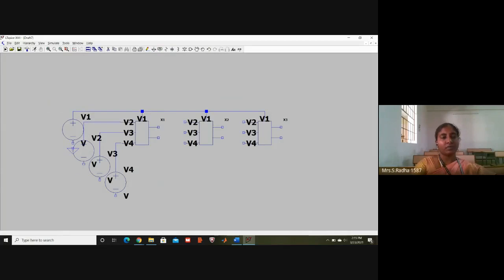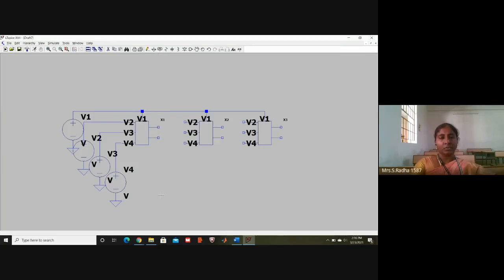Only the nodes should not be touching each other. If possible, you can also draw them in a clearer way. First is VDD, next is J, next is clock, next is K. This is what I have given.